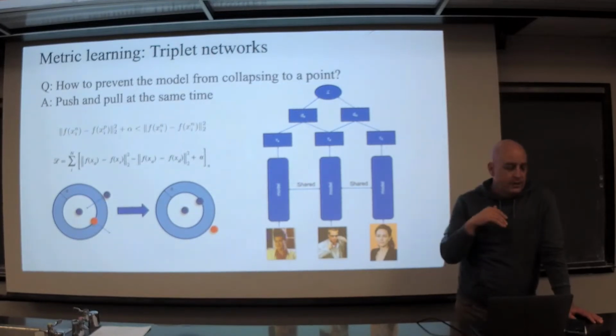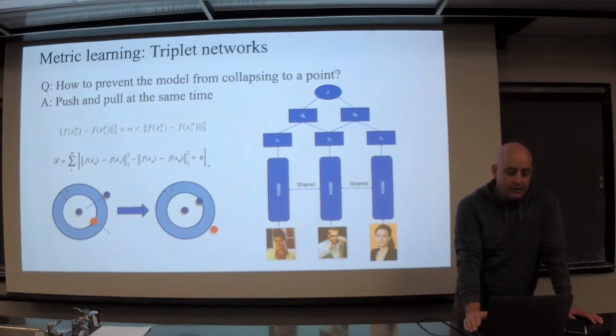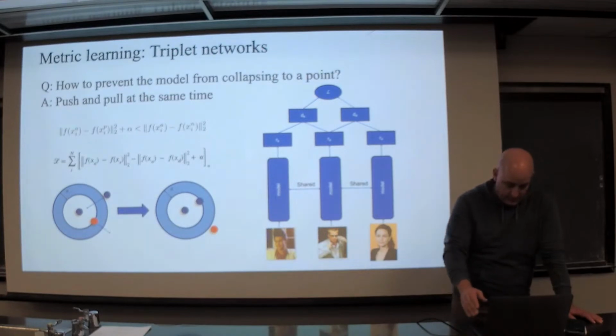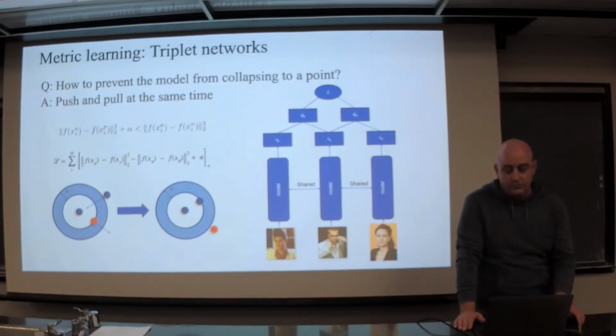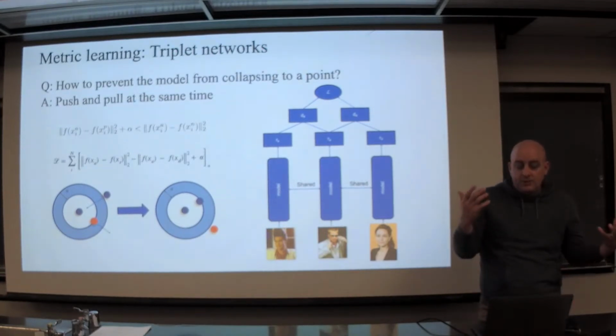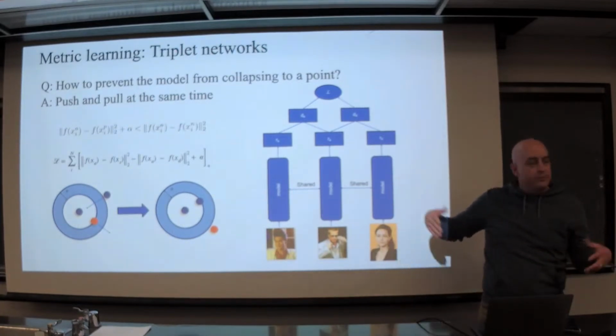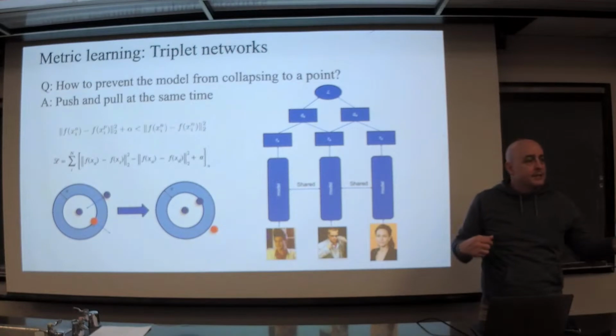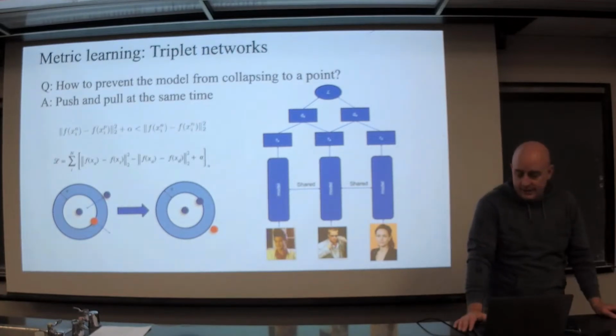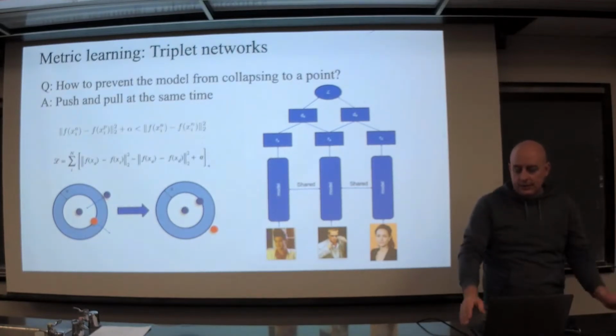This is a very common setup for learning representations of your data, where you do have classes, but maybe you have too many classes, or the actual classes might change when you go to run inference.